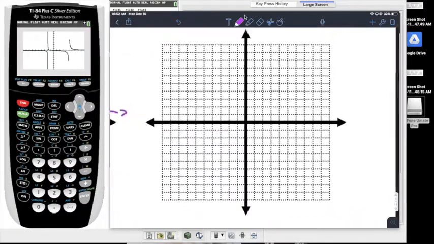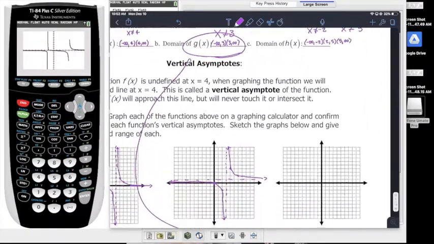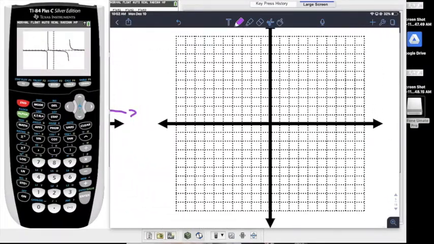The asymptotes were at, I believe, negative 2 and positive 5. So I'm just going to do a dotted line at negative 2 vertically, and also at positive 5 vertically. And then it was leveling off at 0 horizontally.